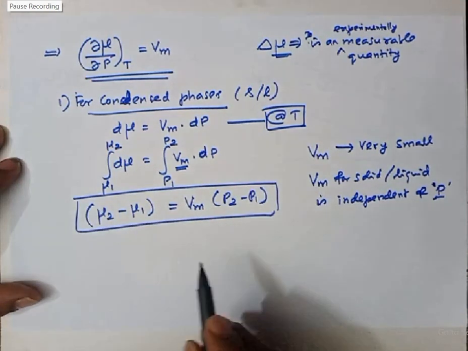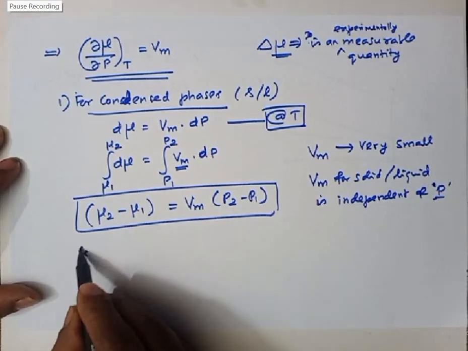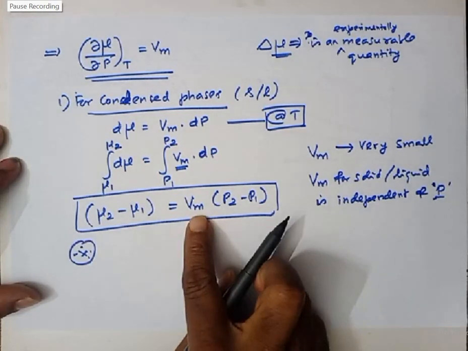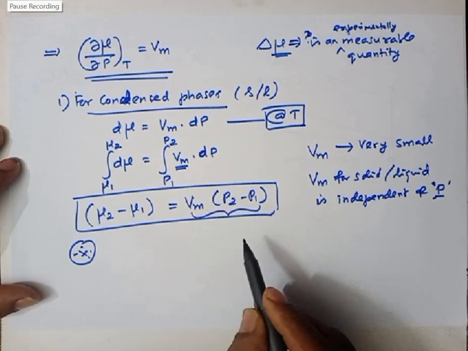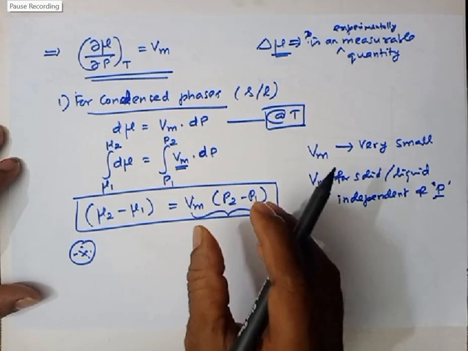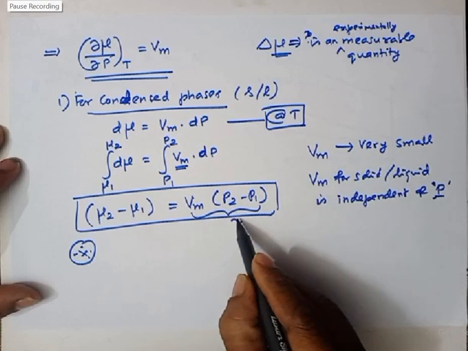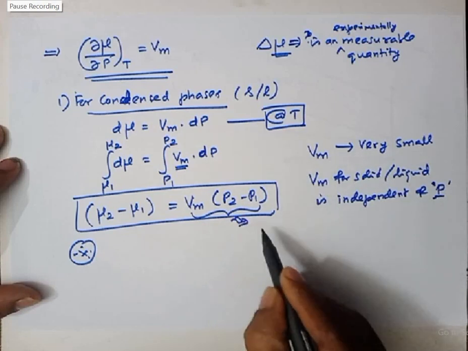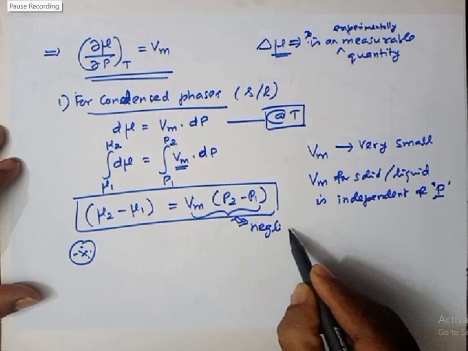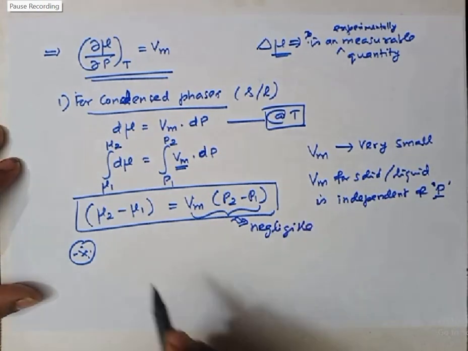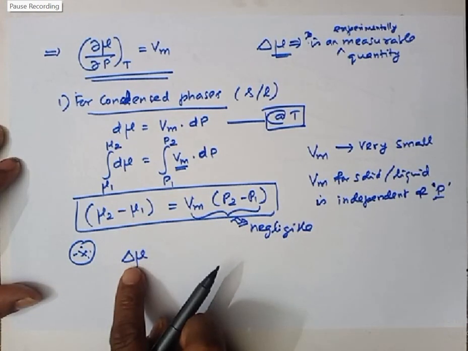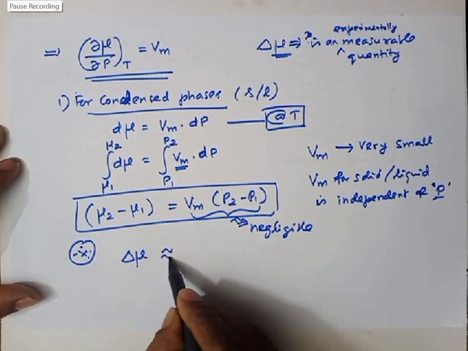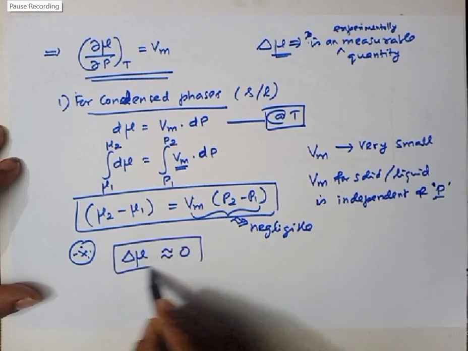And here this is very, very important. Since molar volume is very small, this right hand side quantity is almost negligible. It is negligible. So it means mu2 minus mu1, called the change in chemical potential delta mu, is 0 for solids and liquids.